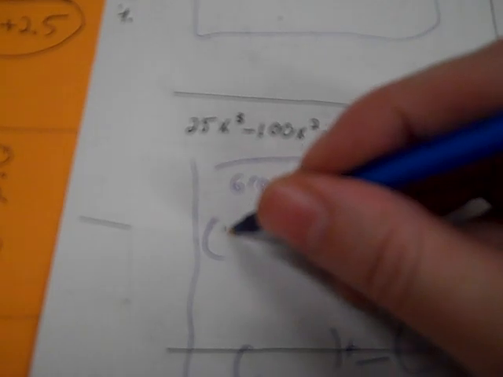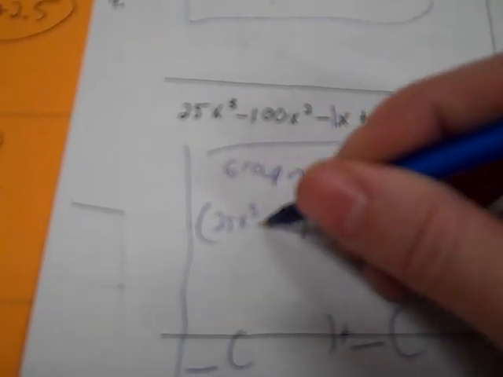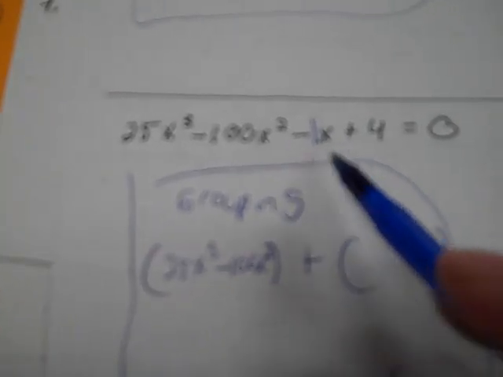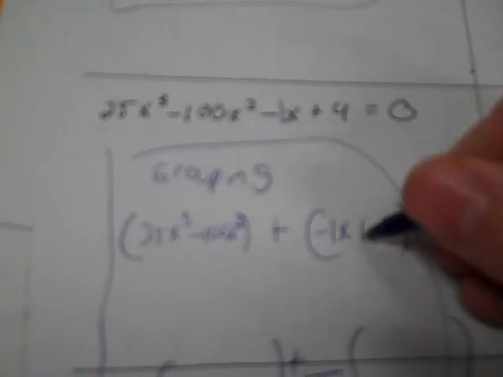It's not that big a deal. I know it's an annoying little extra step. This is as hard as this gets in the whole class as far as factoring goes. So grouping, we put 25x to the third minus 100x to the second. Then I group negative 1x with the plus 4.